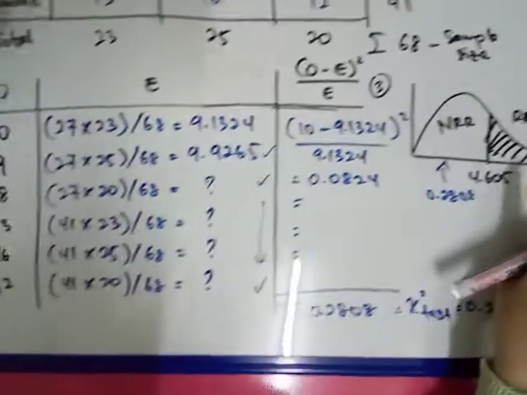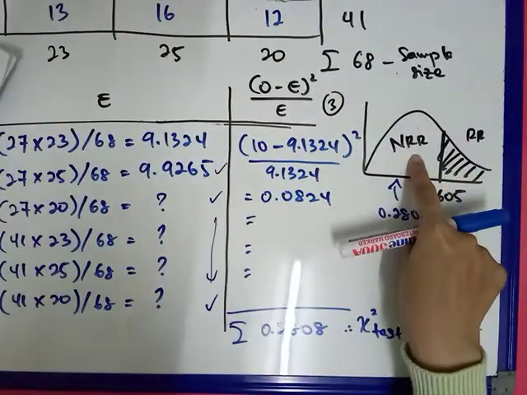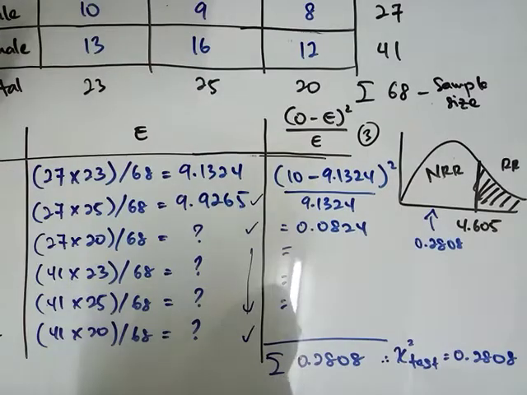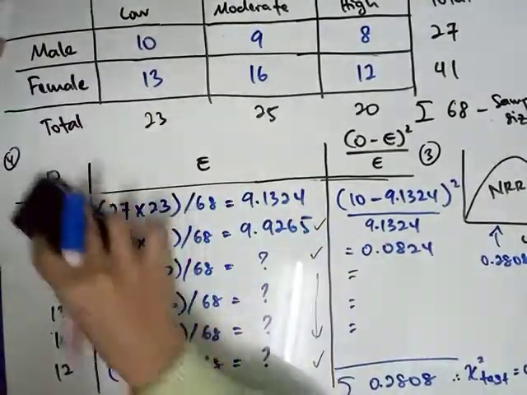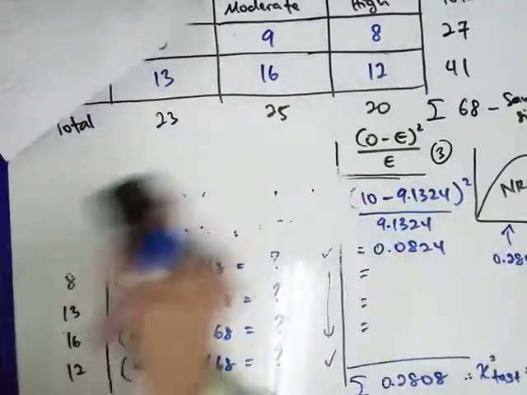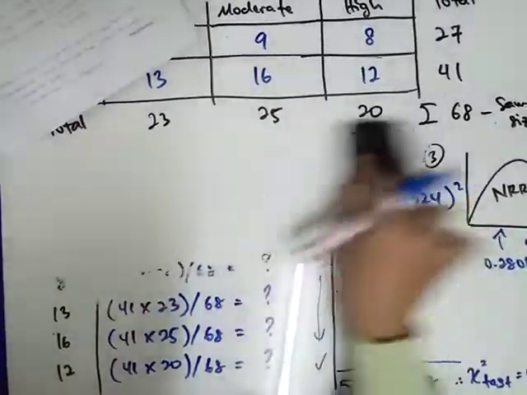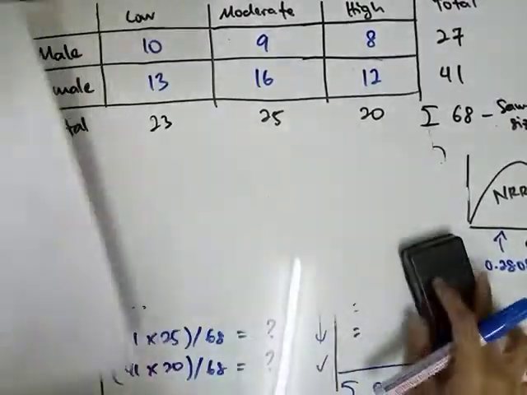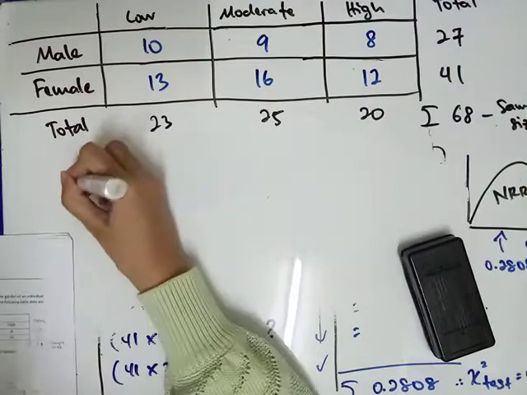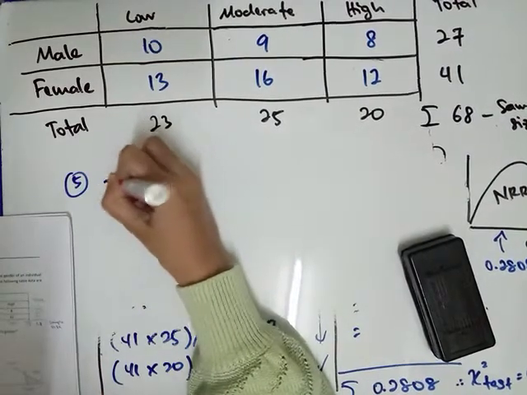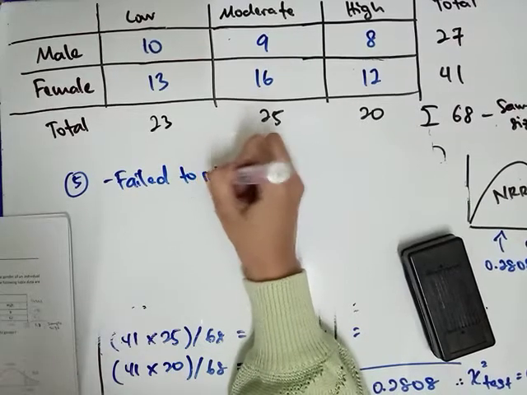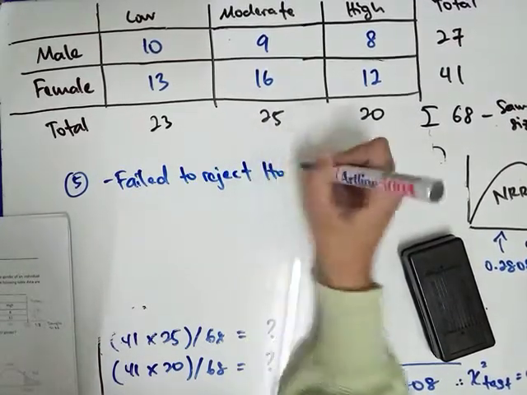Okay, what is mean by NRR? NRR, it means fail to reject H0. Okay, so ni saya padam lah. Okay, step 5 is fail to reject H0 since what?